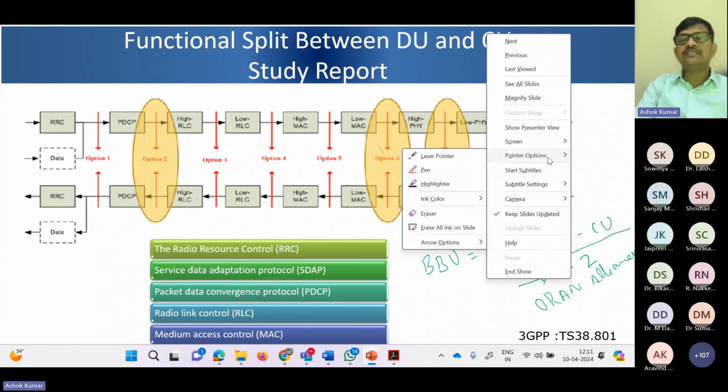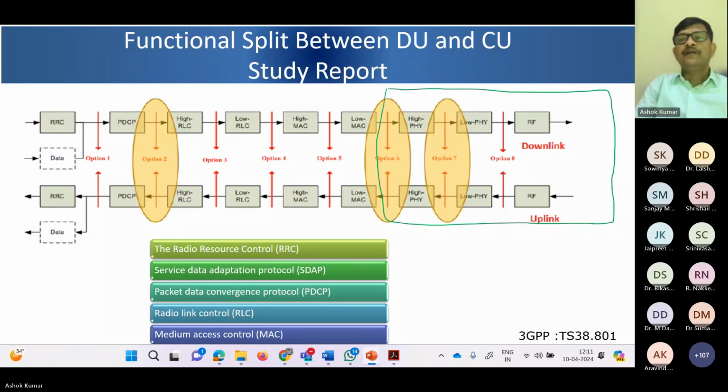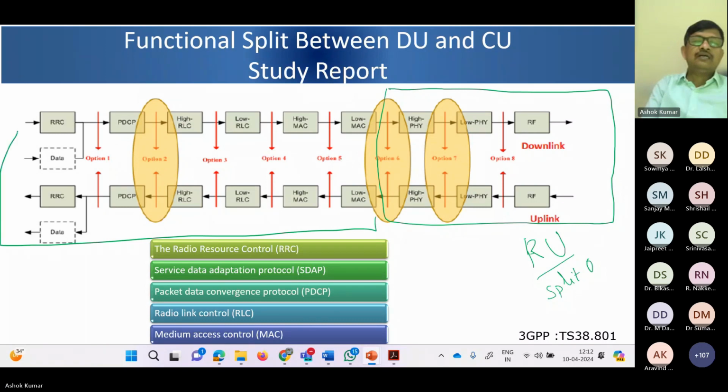Okay, now let's talk about split 6. What is split 6? If I have the complete physical layer and RF at the RU, we call it split 6. And the rest can go to either DU-CU combined or DU separately and CU separately, it doesn't matter.